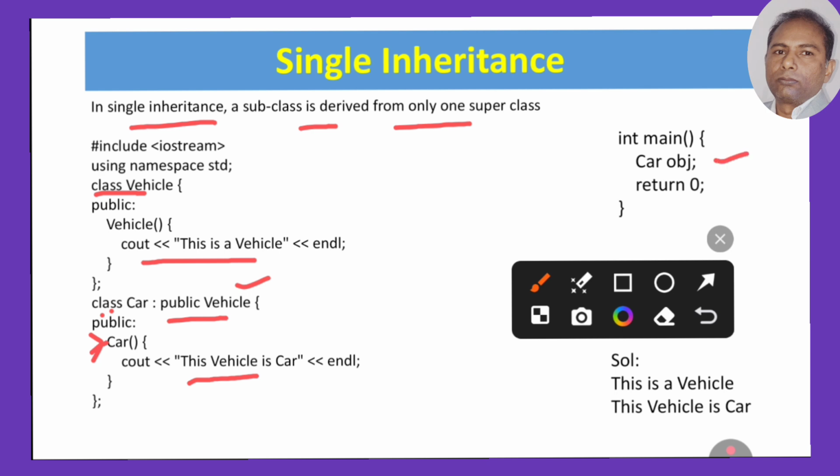Now when we make this object, we will have the output: this is a vehicle, this is a vehicle, and this vehicle is car. Means by making the object for the derived class, we are having the output from both the base class and the derived class. So like this, we can inherit the features of one class into another class.